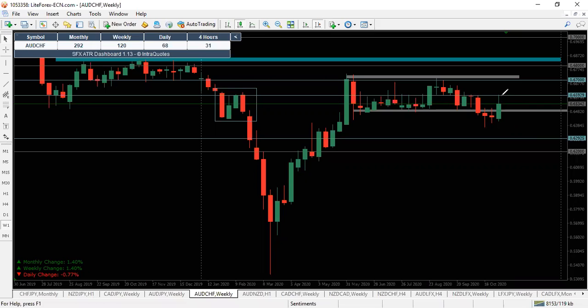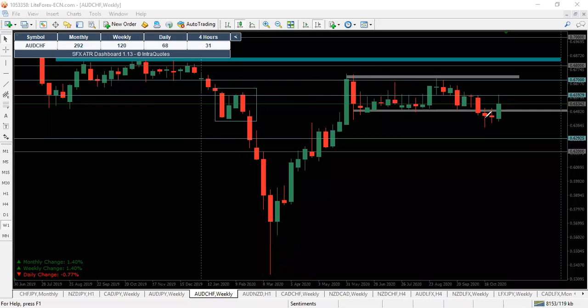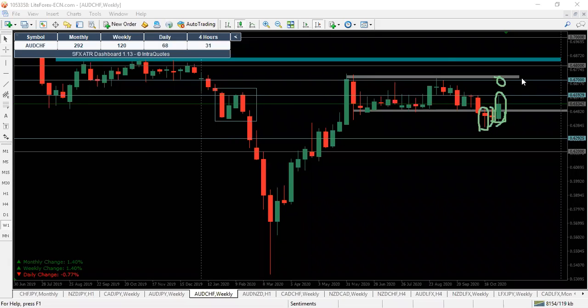We need to make sure that the sellers have actually come into the market from this point and actually go to the downside, and only then can we start shorting, because definitely whatever happened here could be as a result of this rejection. Okay, this candle here could actually form a reversal pattern coming into trying to test this high, because definitely this was where we found the last structure in the market.